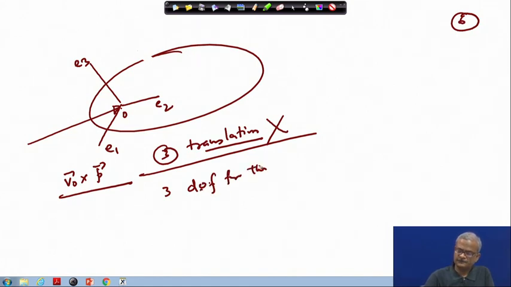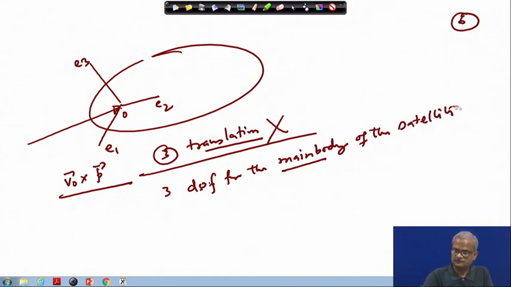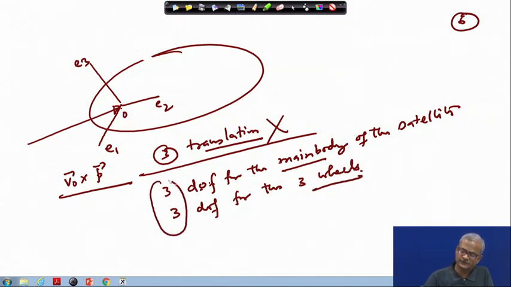Okay. So, 3 degrees of freedom for the main body of this satellite and 3 degrees of freedom for the 3 wheels. Okay. So, a total of 3 plus 3, 6 degrees of freedom, is this system.